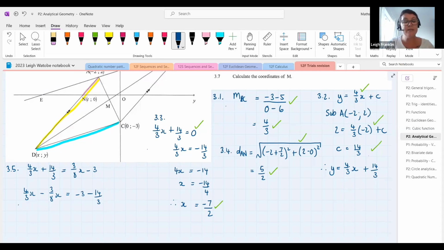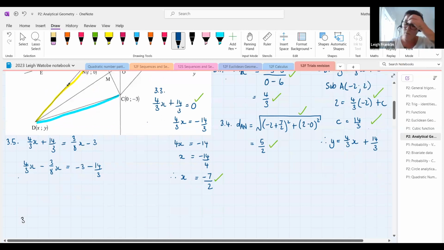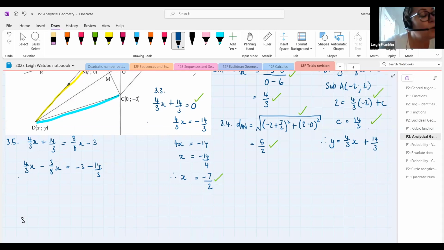Now, what's the easiest thing for me to do in my equation? I want to get rid of those fractions. I don't want fractions anymore. So what can I do to get rid of the denominators? Can anybody tell me?